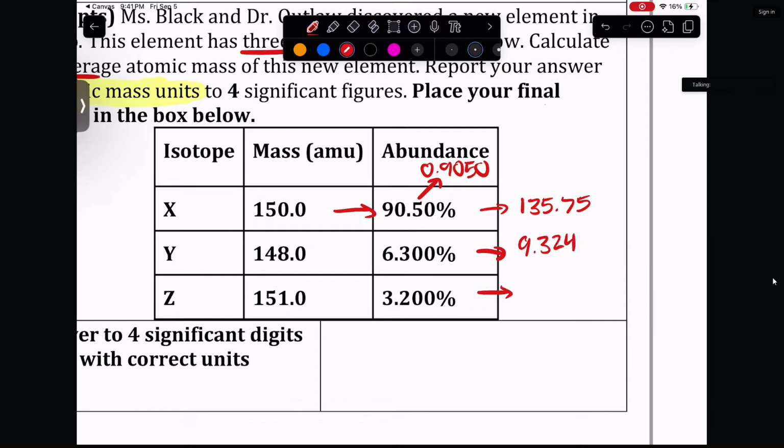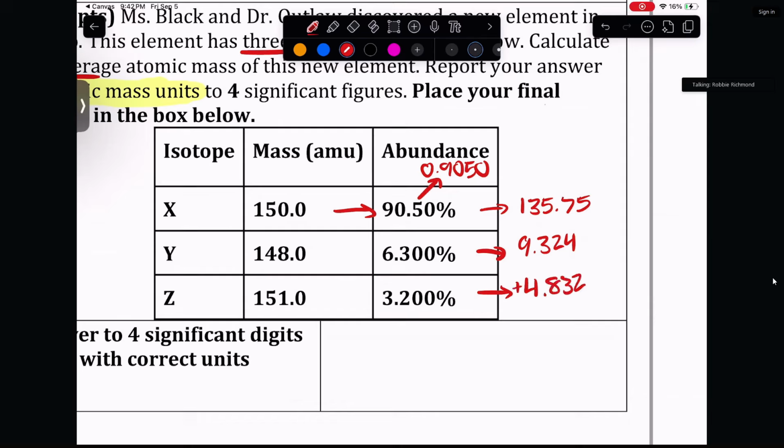Then I have 150 times 0.032. 151 times 0.032, I get 4.832.